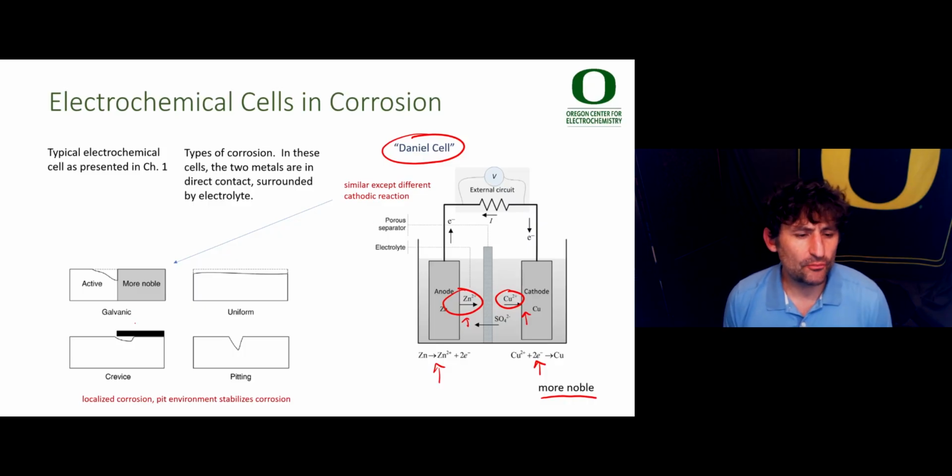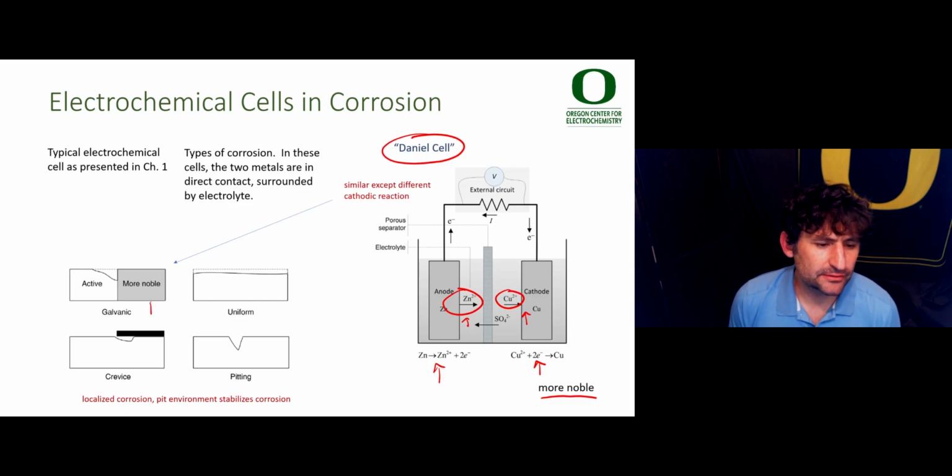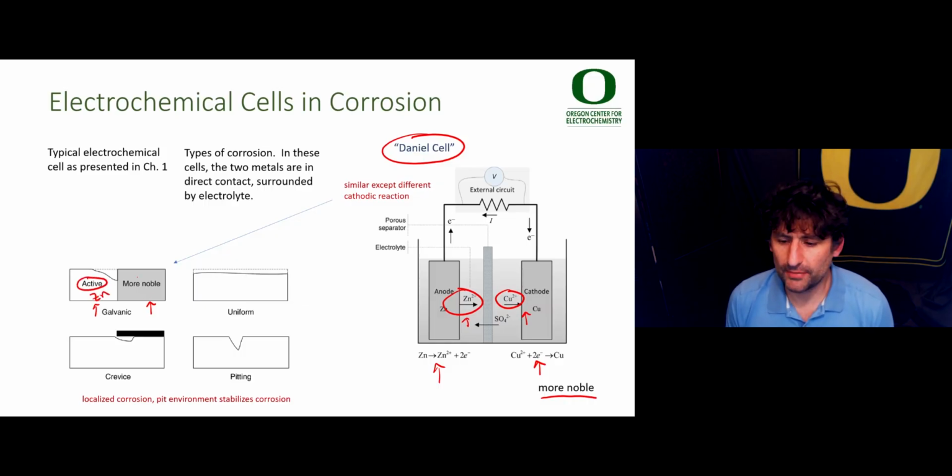So if you go back and think about two metals in contact, you can have similar processes occur. For example, an active metal, imagine you had zinc in contact with a more noble metal, like say copper. That zinc could corrode, make zinc 2+. And those electrons could go over here and drive the oxygen reduction reaction.